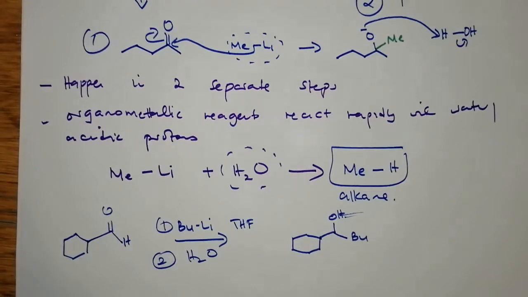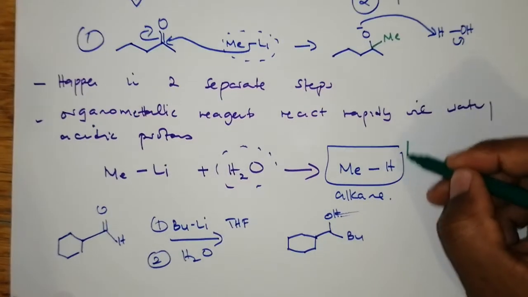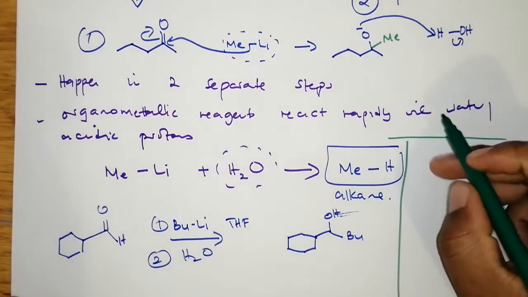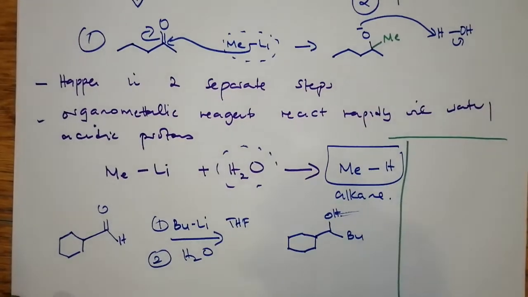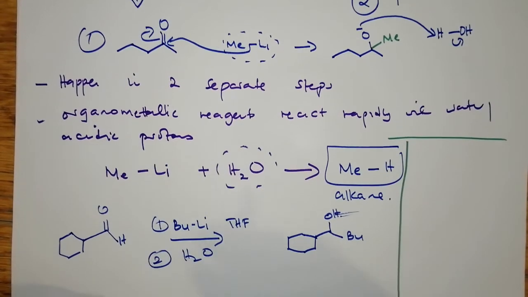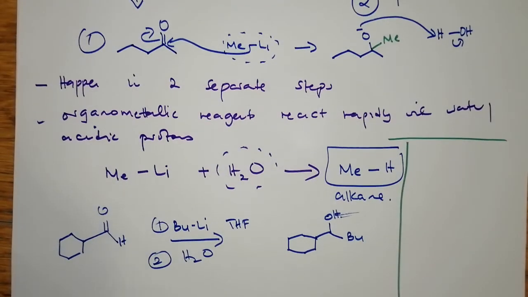Okay, remember before we said, what did we say? Reduction reactions. In reduction reactions, there is a hydride transfer, right? So aldehydes will give primary alcohols and ketones will give secondary alcohols.